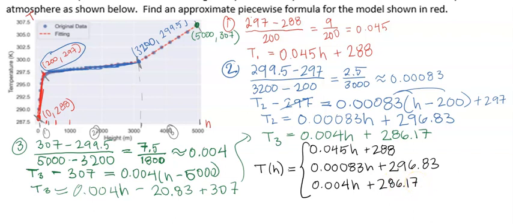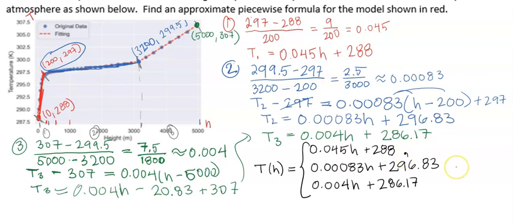And this is a pretty good start, but it does have a problem. The problem is, without looking at the graph and knowing the process that I went through, I would have no idea if I came to this big formula when to use the first equation, the second equation, or the third equation. So a really crucial part of this notation is giving a domain restriction to each piece to tell us when to use it.